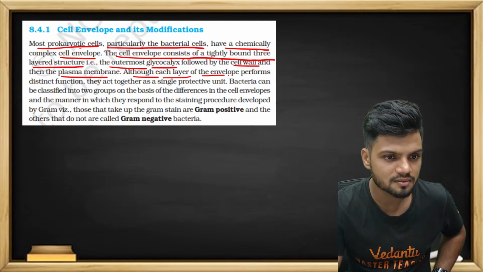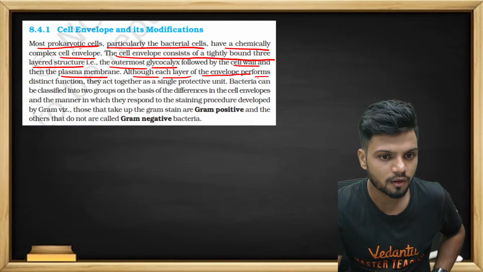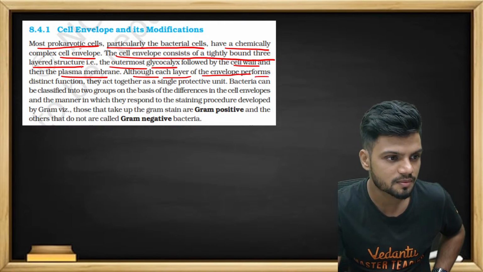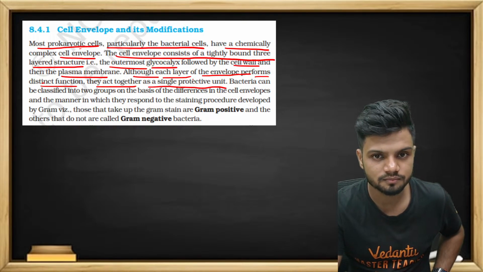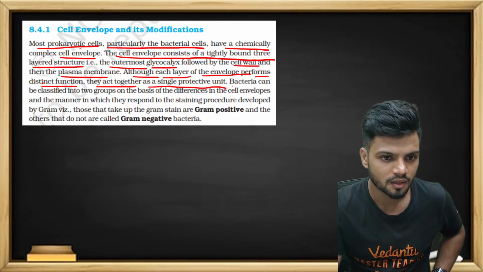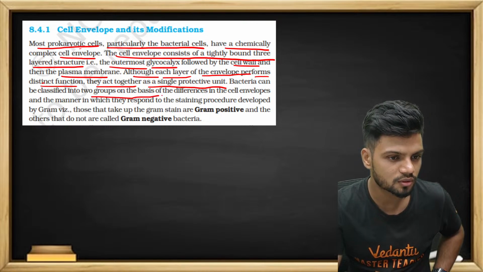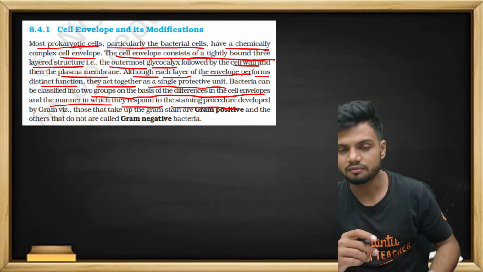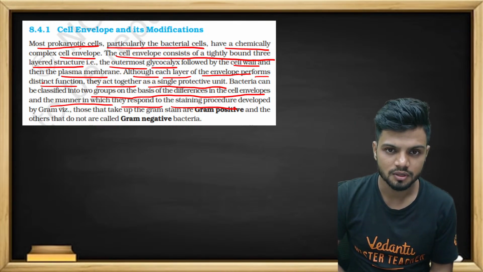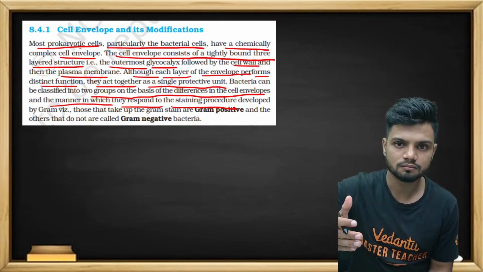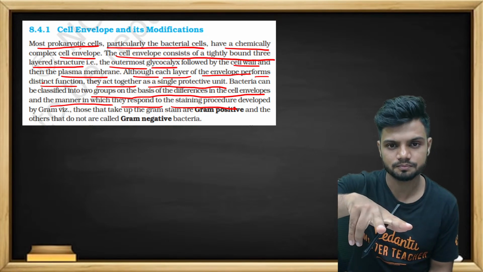Although each layer of the envelope performs a distinct function, they can act together as a single protective unit. Bacteria can be classified into two groups based on differences in the cell wall envelope and the manner in which they respond to the staining procedure. Based on whether they have thick or thin peptidoglycan, bacteria can be divided into two types.